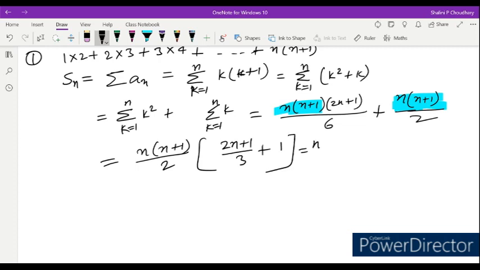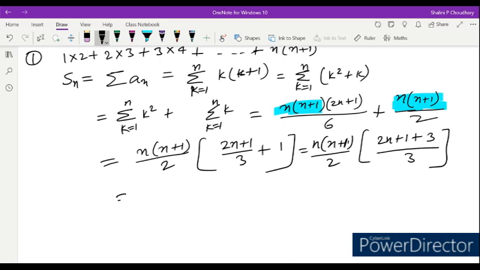So we can write n into n plus 1 divided by 2, and here we can write 2n plus 1 plus 3 divided by 3. So n into n plus 1 divided by 2 and 2n plus 4 divided by 3.